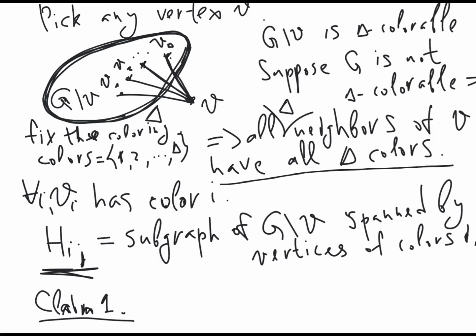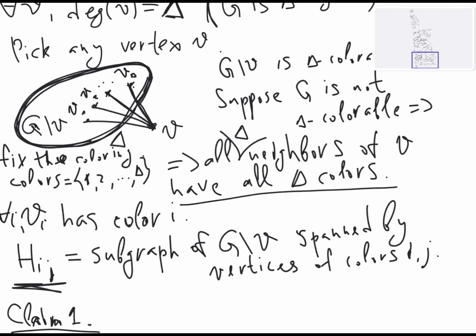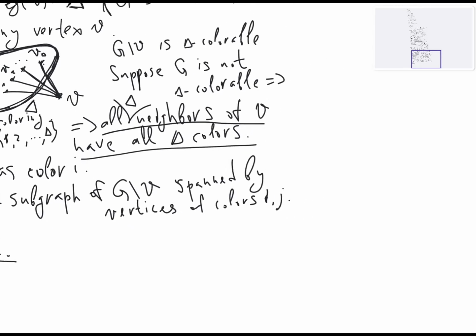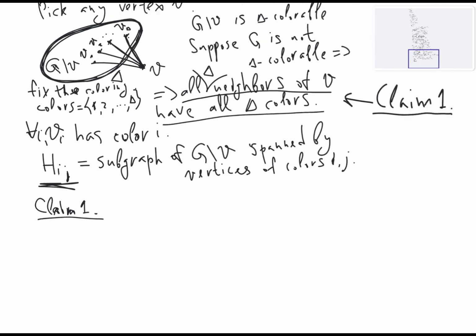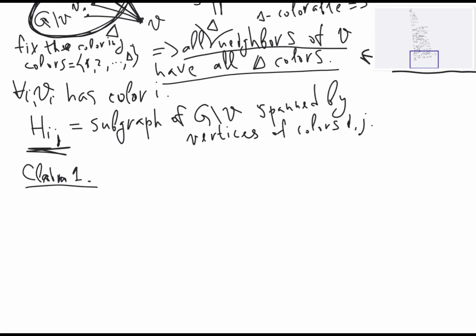This is for any coloring, right? So all neighbors of V have all delta colors. We'll call this claim 1.